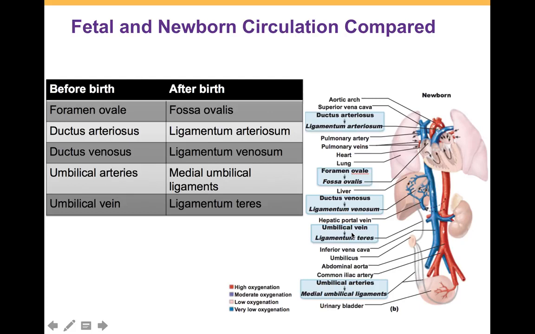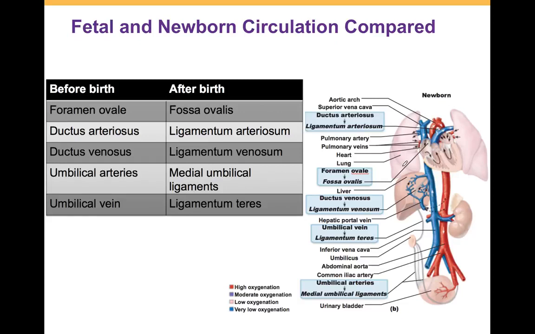Now, at the moment of birth, when the baby takes its first breath, the baby starts to initiate the use of its pulmonary circulation. So the lungs start to be inflated, which means the pulmonary circulation is going to start to work.